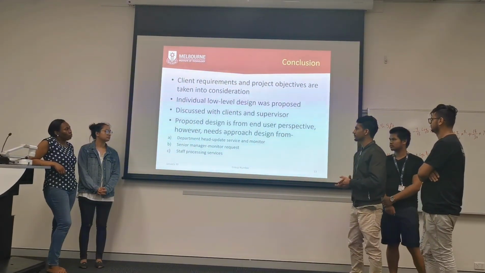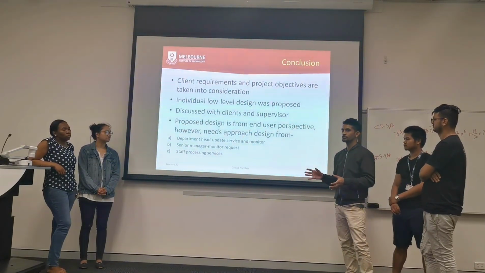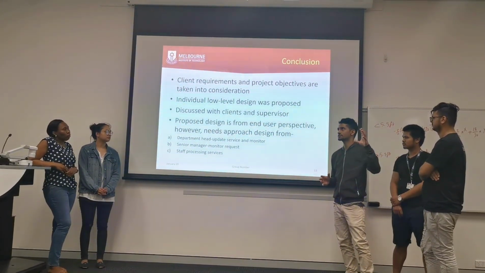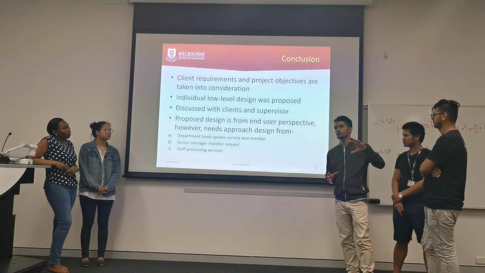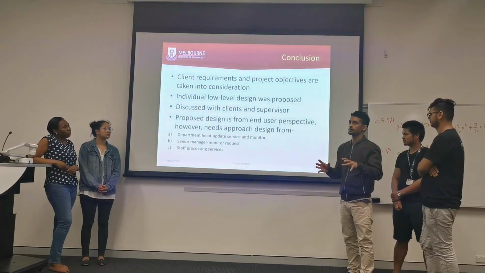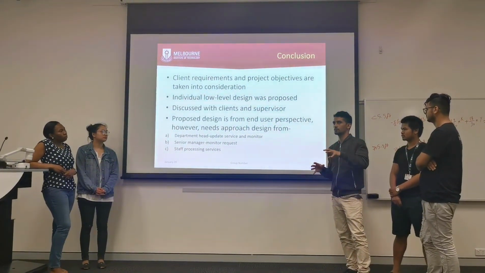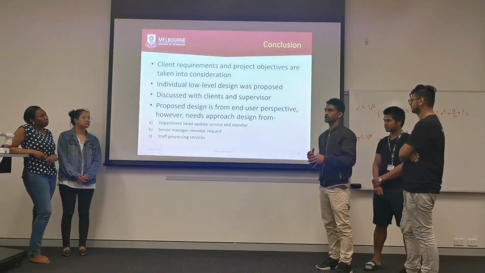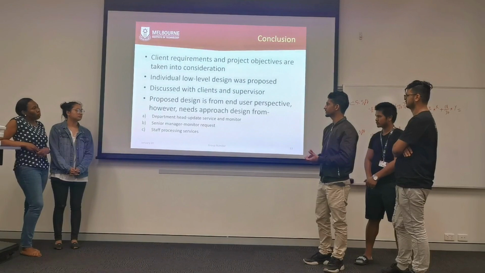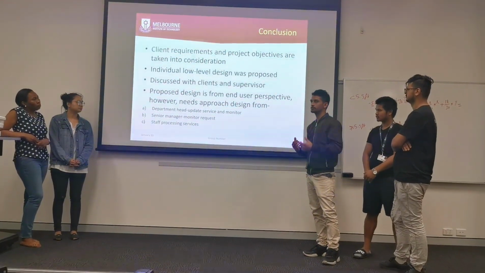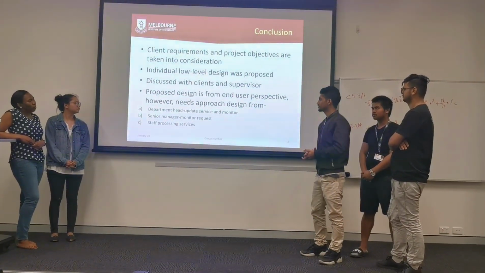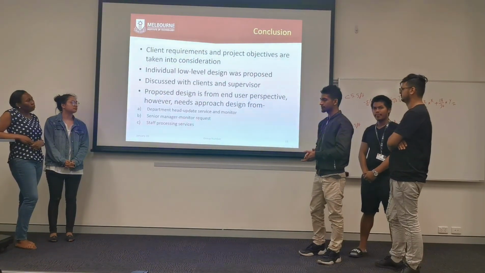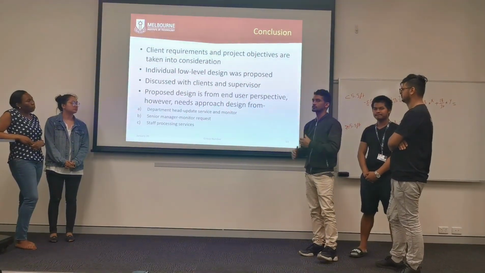The second one is the senior manager, who will be monitoring the process. He will be like a general manager looking at where a particular request is and how it is being processed in an effective manner. So he will be monitoring the requests coming to MIT. The other perspective is the staff, who will be responsible for processing the service.